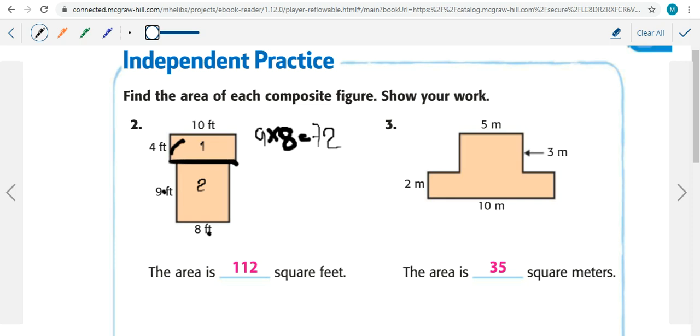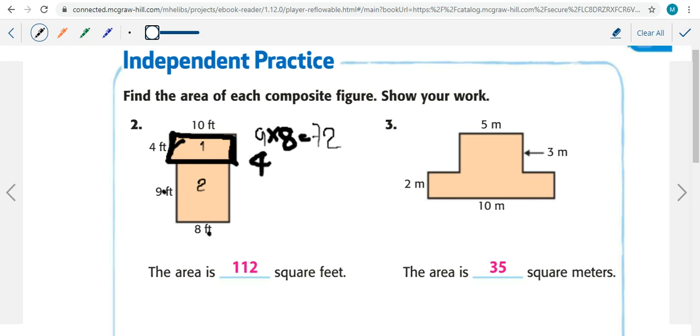Can you see that rectangle 1 is a little bit bigger than rectangle 2? So we cannot say that the length of rectangle 1 is 10. Now, what do we do to find the difference? We subtract. 10 minus 8 is 2.